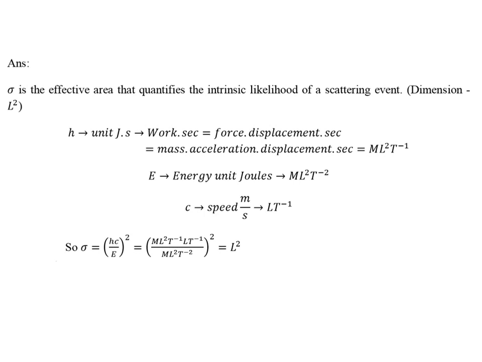Energy is M L square T raised to minus 2. And that of speed of light is L T raised to minus 1. So sigma should be (hc by E) whole square so that the dimension becomes L square. Hence the answer.